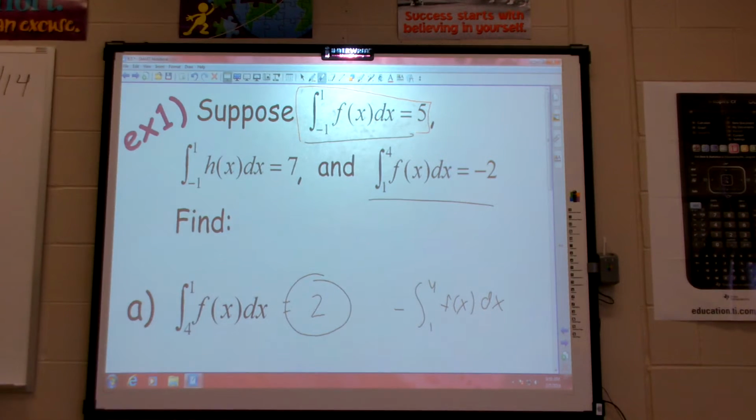Can I take this and whack it in half? Yep, sure can. No, because a lot of people think that if I'm going from negative 1 to 1, and I only want 0 to 1, I can just whack it in half, right? But what's the problem with that? Those halves aren't equal. Exactly.